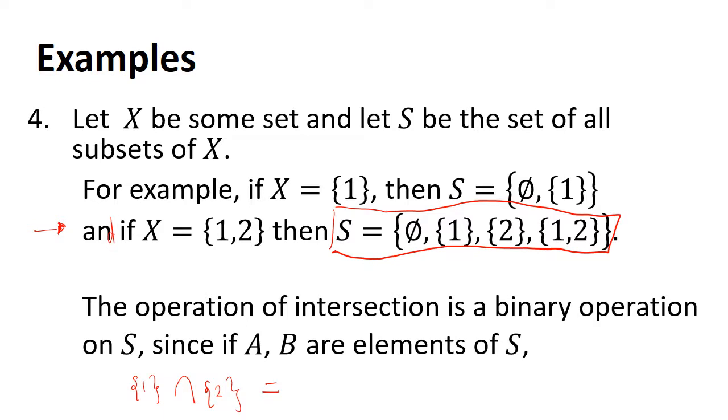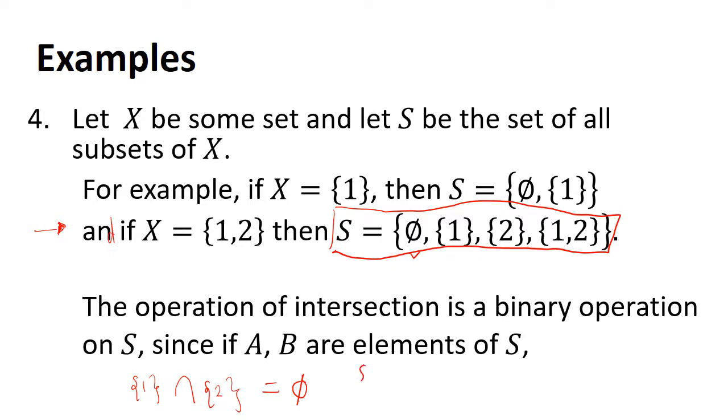So here we have the set of 1 and the set of 2. They do not have a common element, right? Therefore, the intersection is the null set, and the null set is an element of S.